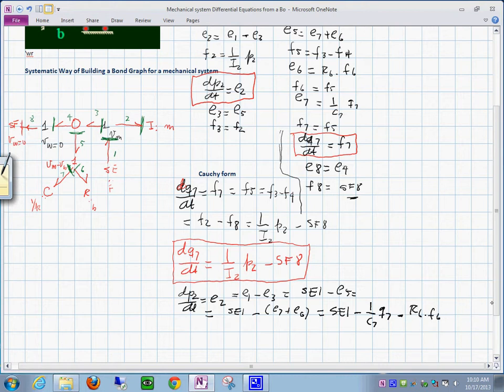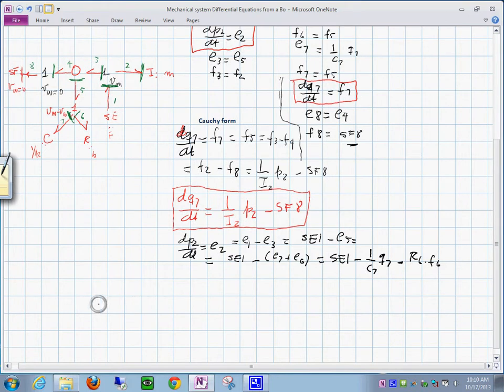So we're getting close to the simplification that we want. So dp sub 2/dt is equal to SE1 minus 1 over c sub 7 q sub 7. What is r sub 6 times f6? But f6 is f5, times f sub 5.